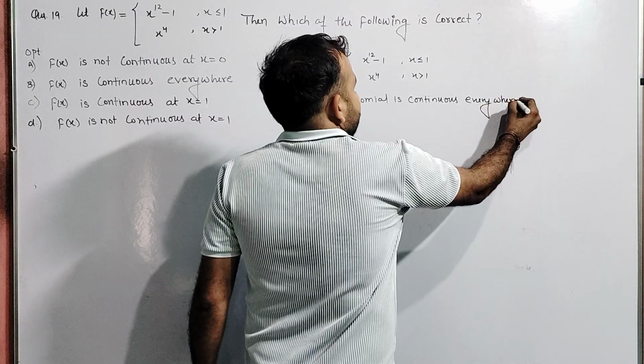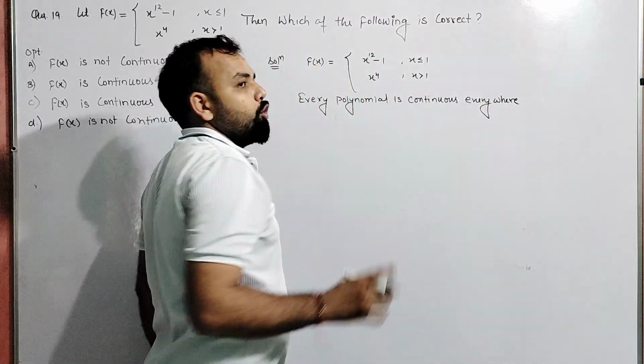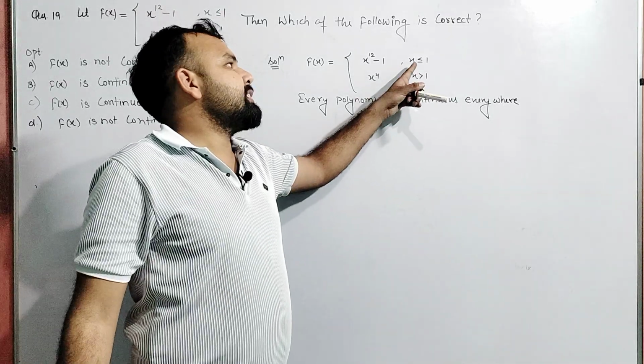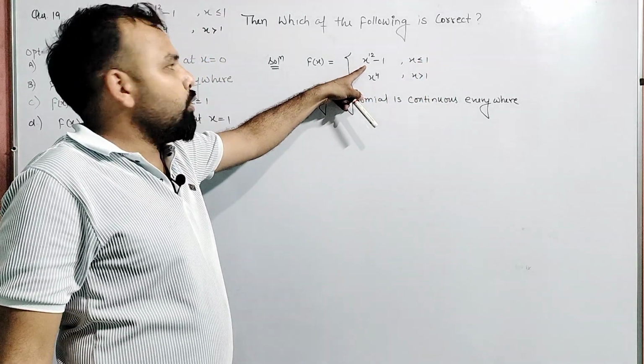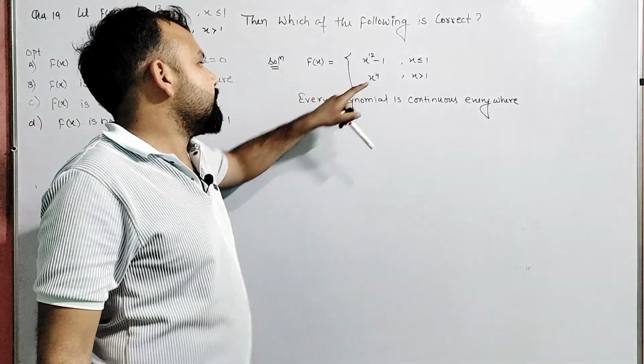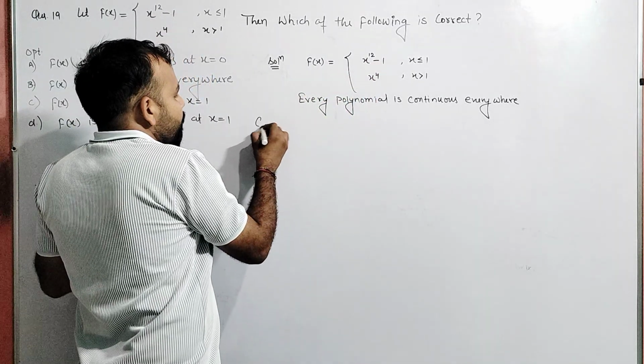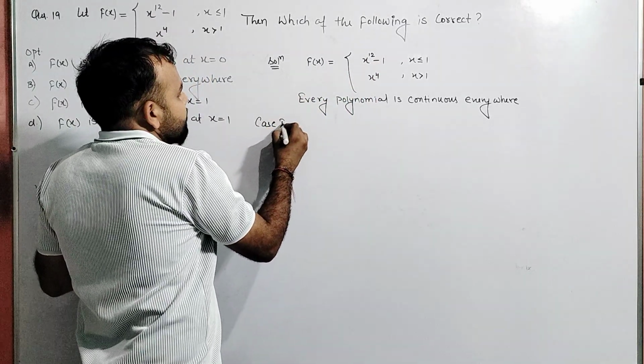But in that scenario, there are two polynomials whose domains are restricted. When x is less than or equal to 1, then polynomial is x to the power 12 minus 1, and similarly this one. So we are going to make a case first.